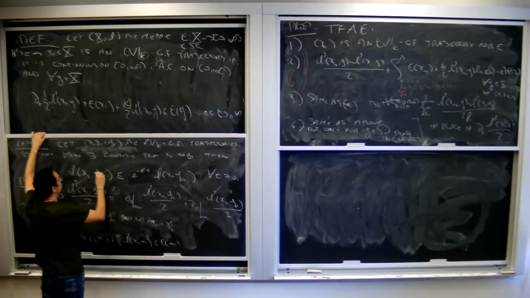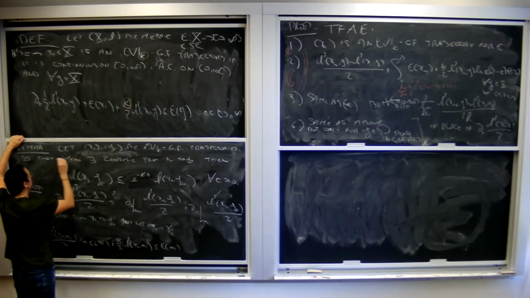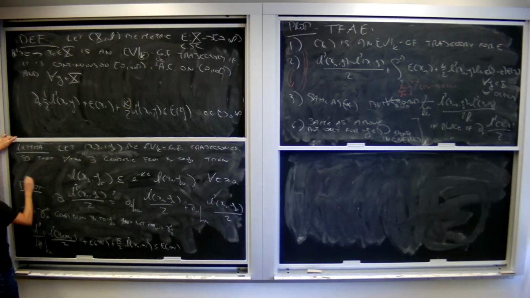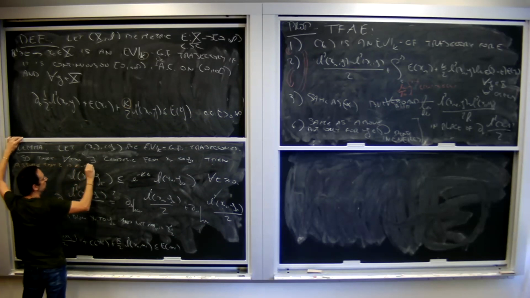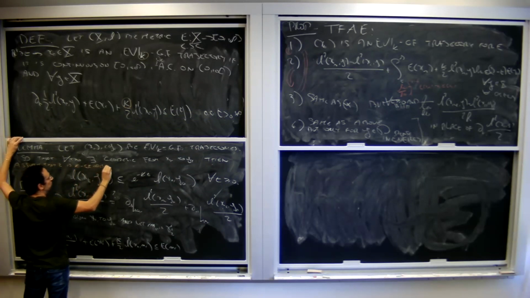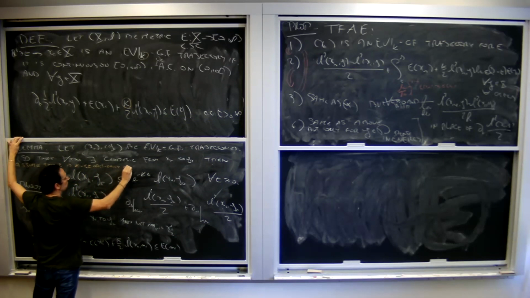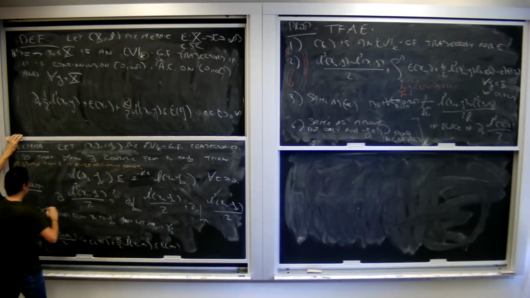I was forgetting an assumption. So assume also, actually, this is not an assumption, so assume also that E is k-geodesically convex. In fact, it's not an assumption. In a second, we'll see this will be true.